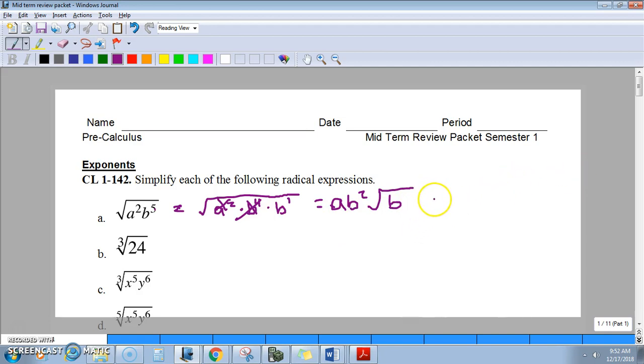Now, you could also write this, remember, the square root is the 1/2 power, so we have a, b squared, and then b to the 1/2 power, which would be the same as a times b to the 5/2, because when I add 2 plus 1/2, I get 2.5, which is 5/2.